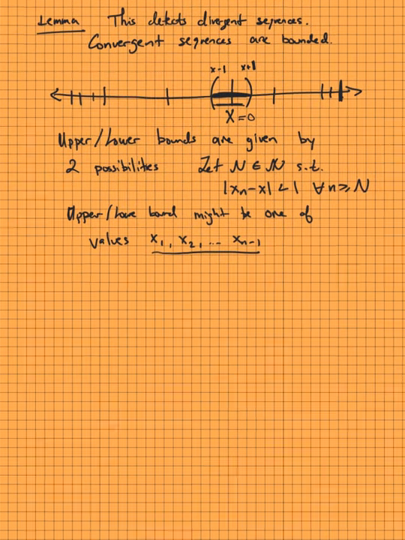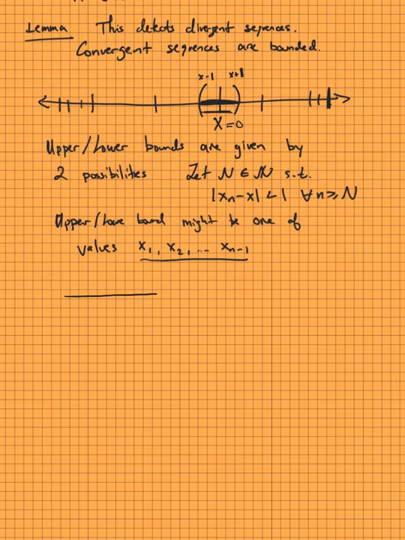So the other possibility is a sequence which perhaps looks like this. Here's x, and none of the earlier terms in the sequence are upper or lower bounds. Okay, so otherwise the sequence is bounded, say has an upper bound by x plus 1.